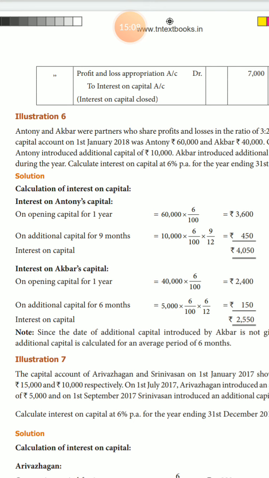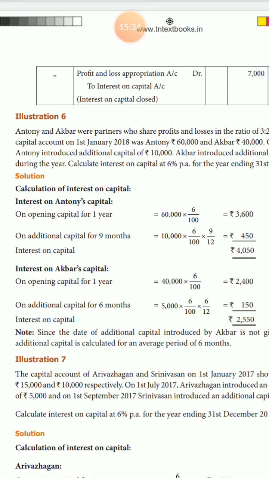But if another person's month is not mentioned, you calculate in average period, 6 months. Average period is 6 months.